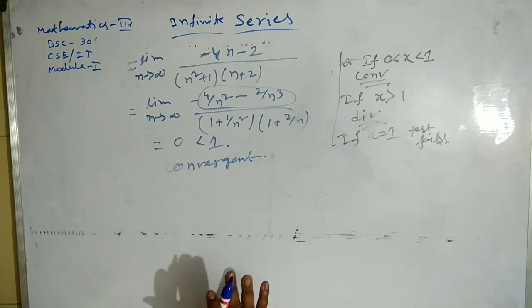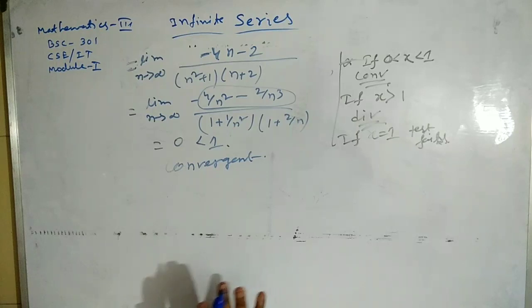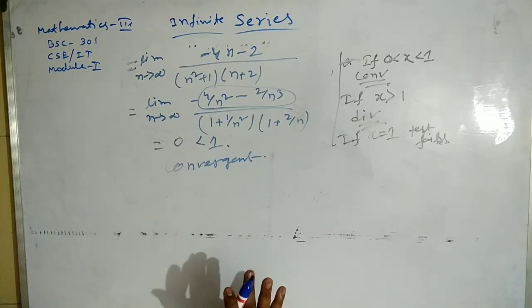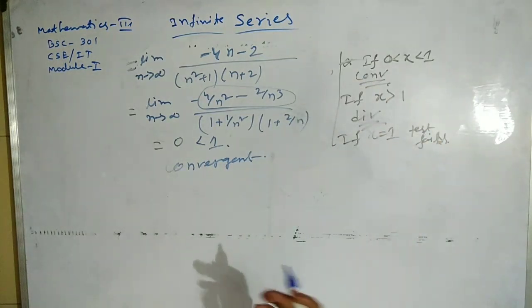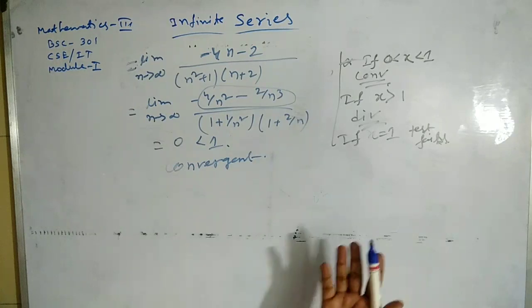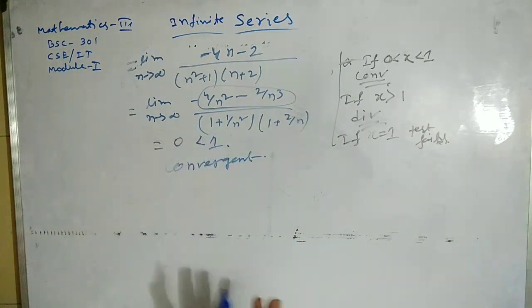So in the question there was no exact value of x. It is only given that x was greater than 0. So first we applied D'Alembert's ratio test, and from D'Alembert's ratio test we concluded this, and when we took x equal to 1 and applied Rabb's test, we see that the series is convergent.